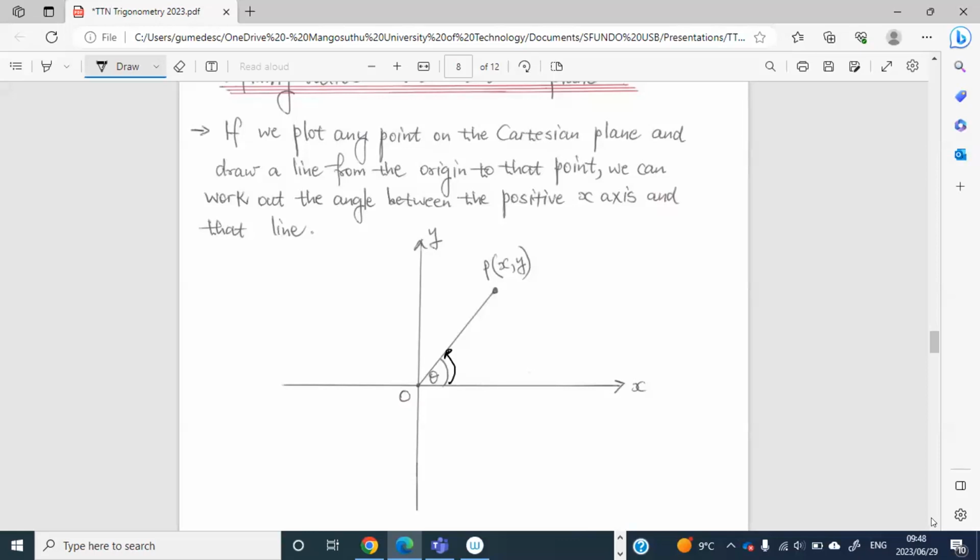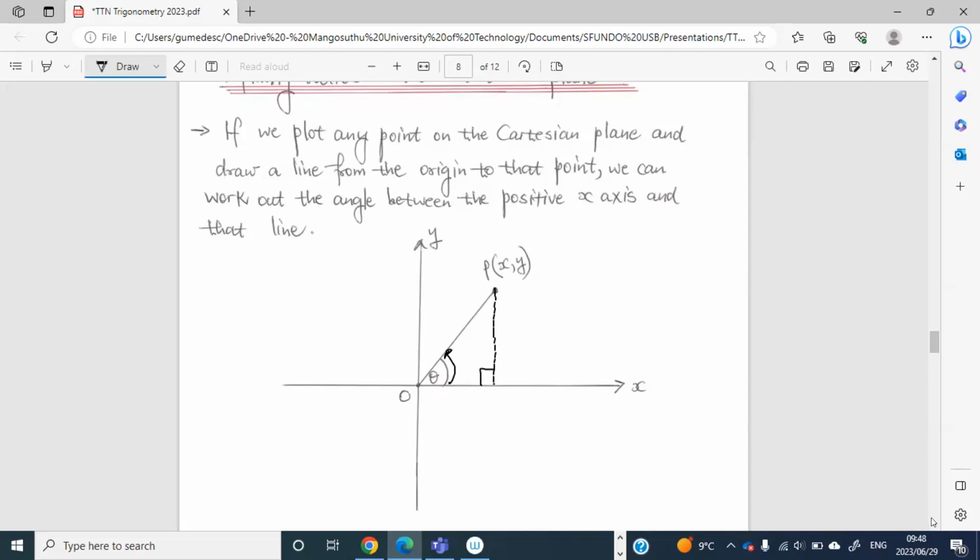We want to define trigonometric ratios of theta, where theta is measured from the positive x-axis to the line OP. So we can extend and form our right-angled triangle so that we have a hypotenuse.